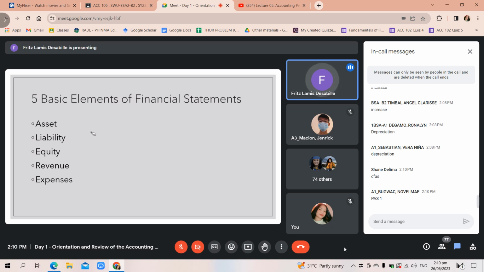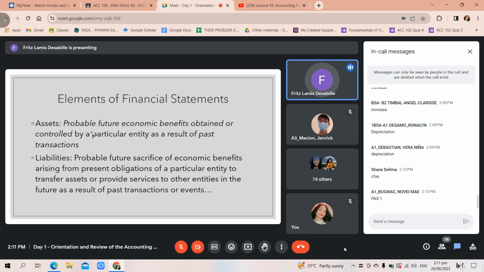The conceptual framework, just a review for you guys, is the foundation of all the accounting standards. But it's not in itself a standard. Okay? So assets, liability, equity, revenue, expenses.